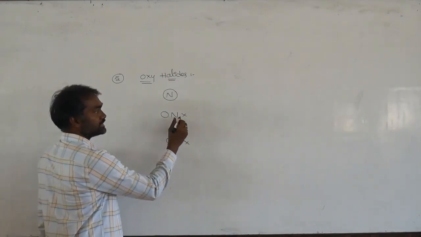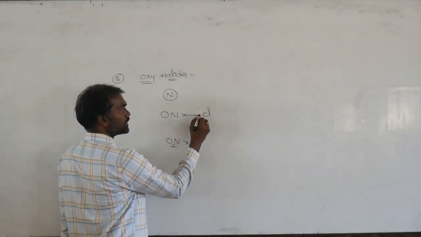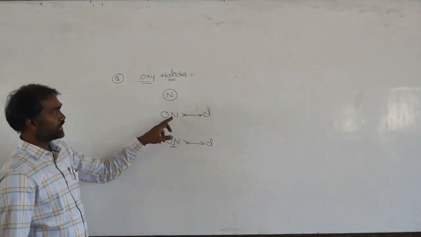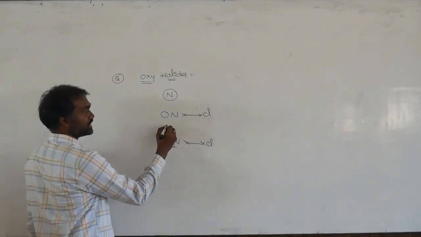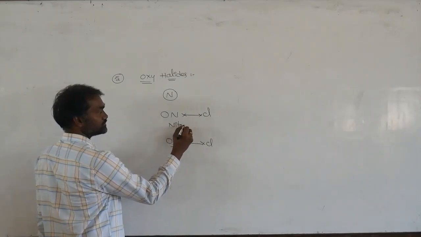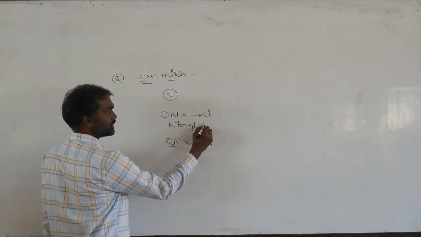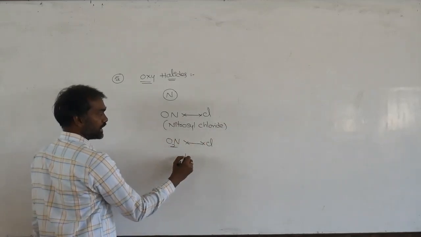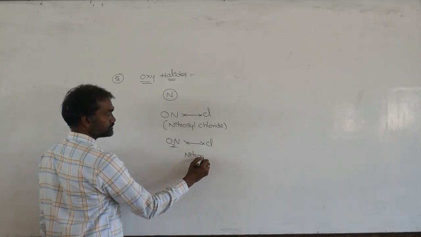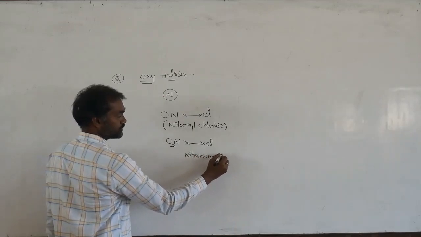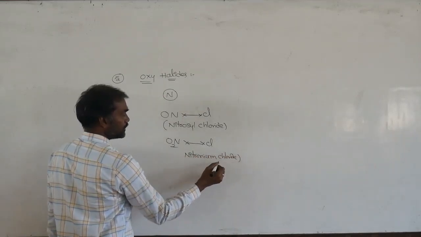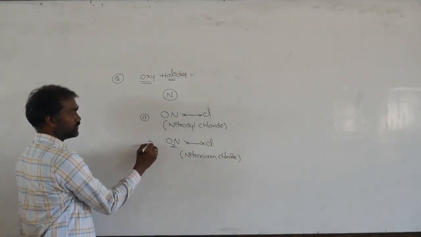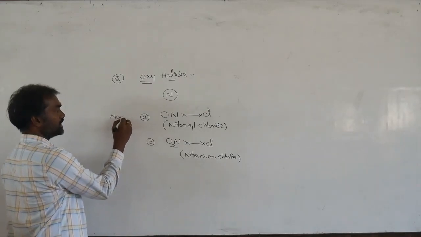So that's why this single electron combines with the chlorine single electron. So that's why you are getting NOCl. So that is nitrosyl chloride. So nitrosyl chloride, one structure. Next, nitronium chloride. So nitrogen is forming two types of compounds, NOCl and NO2Cl.